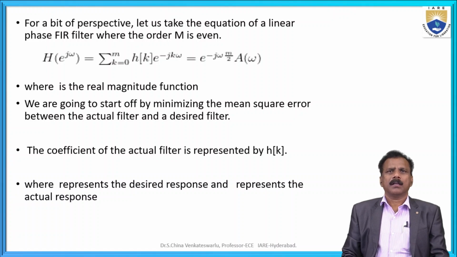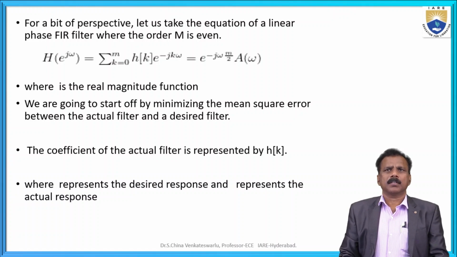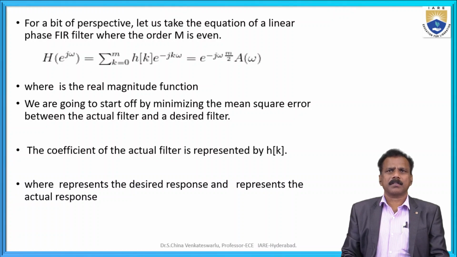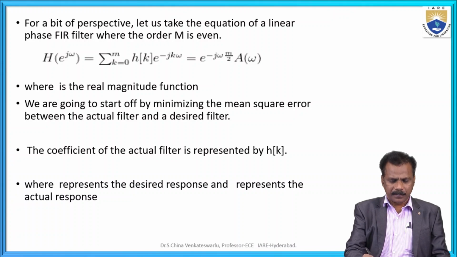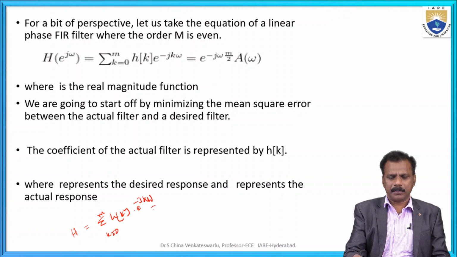For a bit of perspective, the equation of the linear phase finite impulse response filter where the order M is even: H of e power j omega is equal to the summation k equal to 0 to M of h of k into e power minus j k omega, which is also equal to e power minus j omega M by 2 into H of omega.